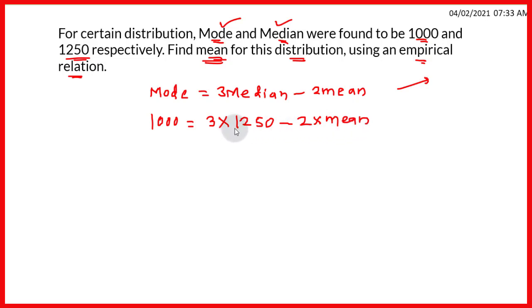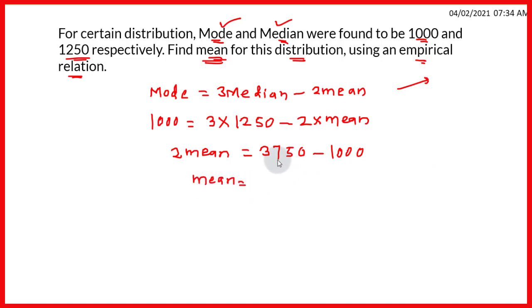Now we will solve this equation to find the value of mean. So you will get twice of mean. I have taken mean to one side and taken 1000 to the other side, and so it will be 3 into 1250, that is 3750, minus this 1000. Now take 2 to this side because we have to find the mean.